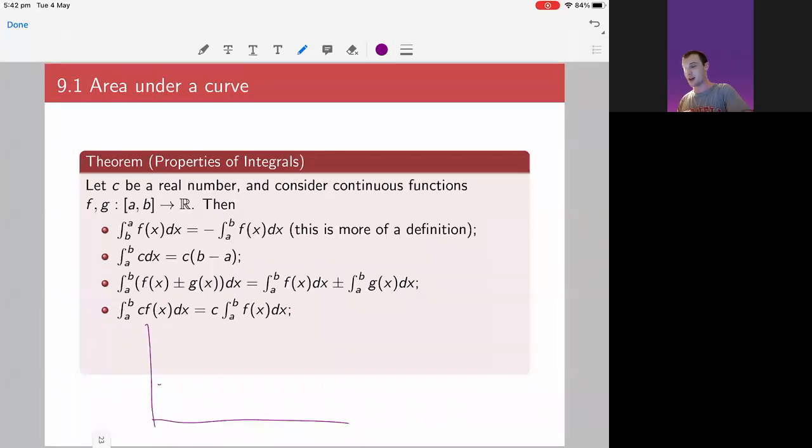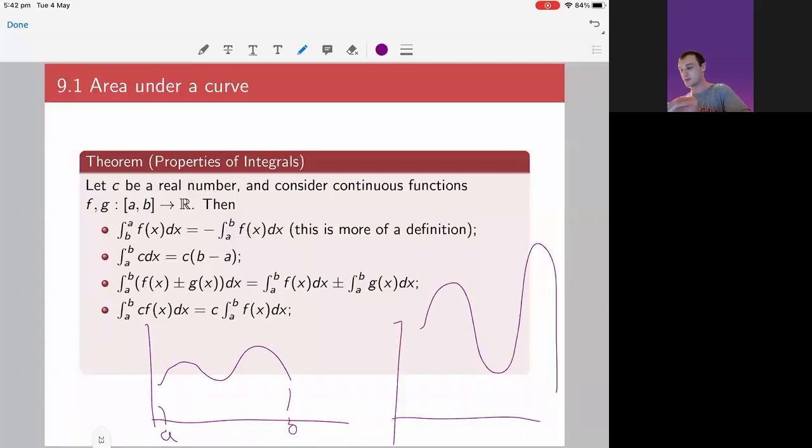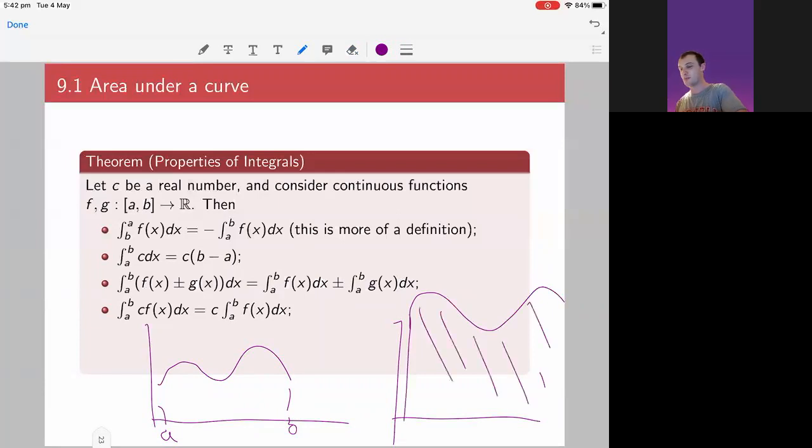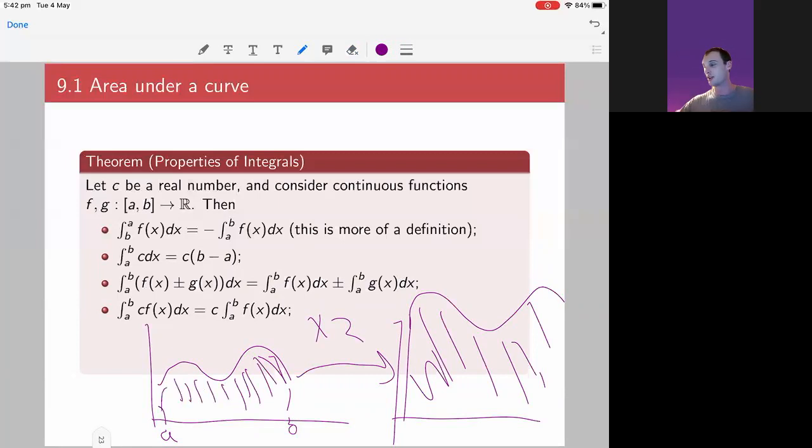If you're trying to find the area underneath this curve and you scale it, then the area under this should be, let's say you multiplied by 2, getting from here to here, exactly twice the area underneath that.